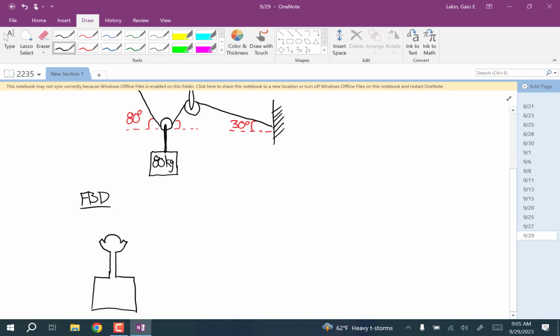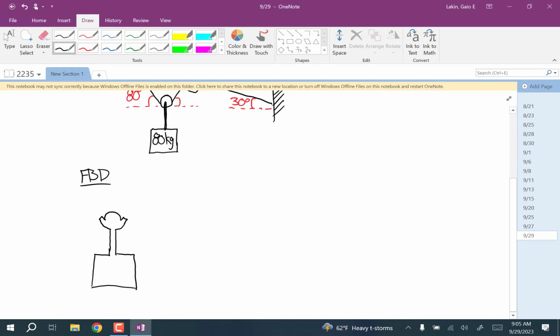Imagine you're isolating that mass and the thing that connects it to the pulley, and you're isolating in your system all of the cable that goes underneath the pulley.